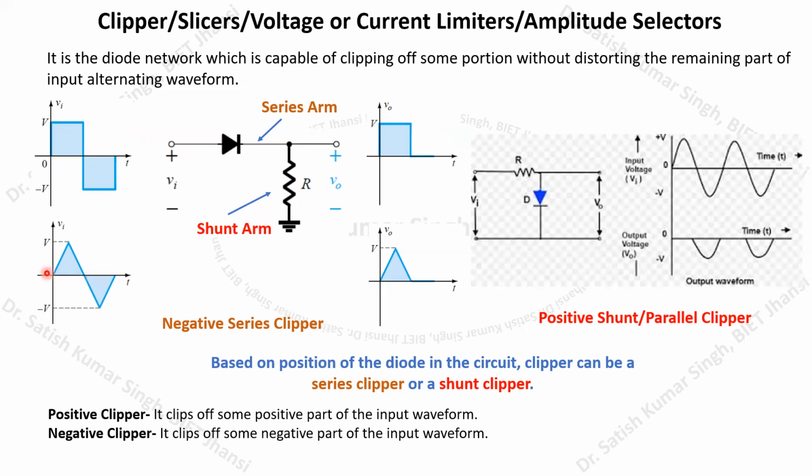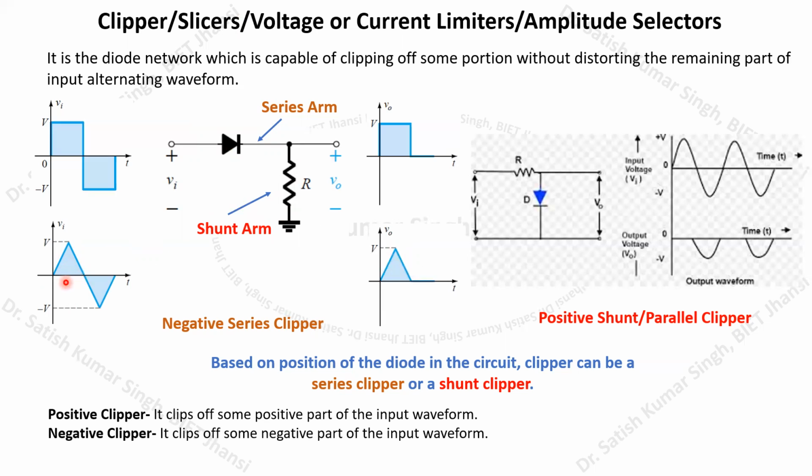Similarly, if you apply any other waveform, because we are talking about any alternating waveform, say a triangular waveform, this is the positive part of the triangular wave. Whenever this voltage has a positive value, the diode will be on, and then this voltage will appear across this resistor, and we are going to get this positive portion of the input waveform.